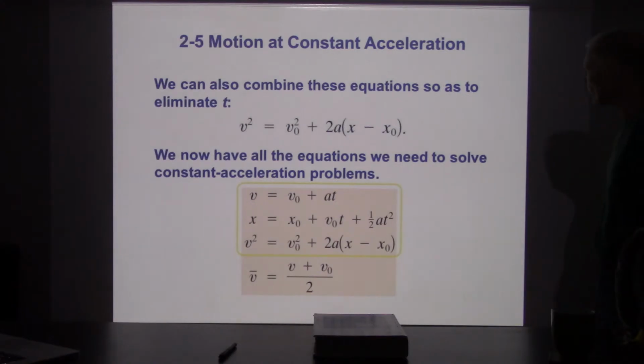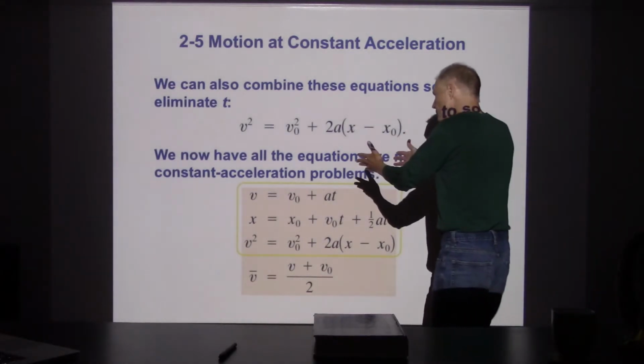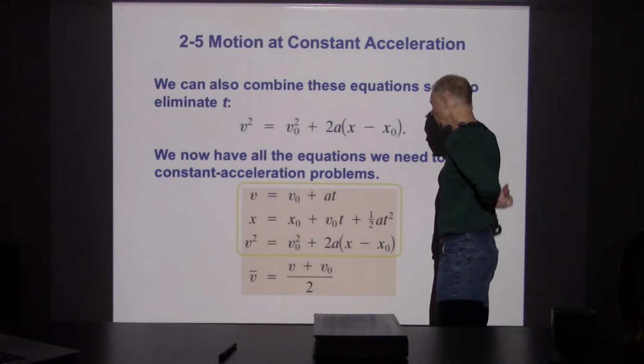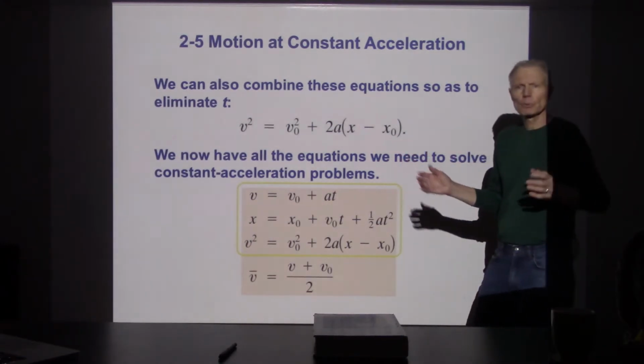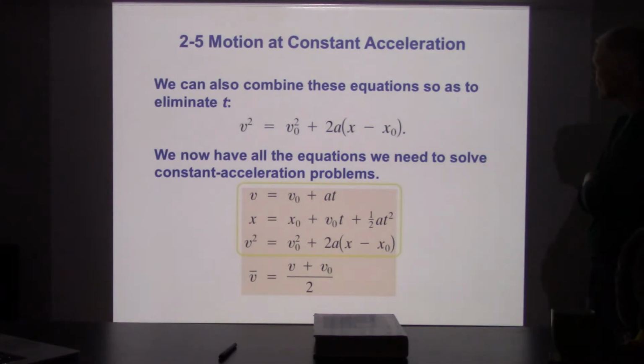Almost all of the problems that we look at in this chapter and the next chapter, and maybe for the first 3 or 4 chapters, we are almost exclusively going to be looking at situations where we do have constant acceleration, or where constant acceleration is a very good approximation. And that means we're going to be coming back to some form of these constant acceleration formulas in almost every problem.